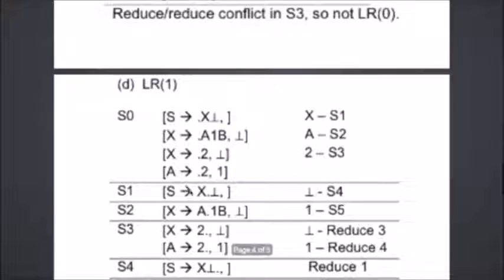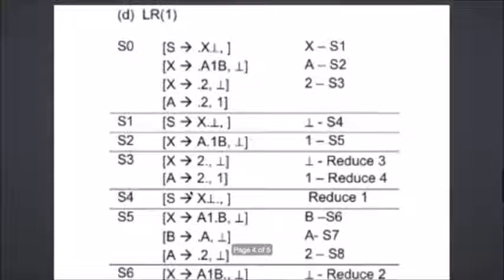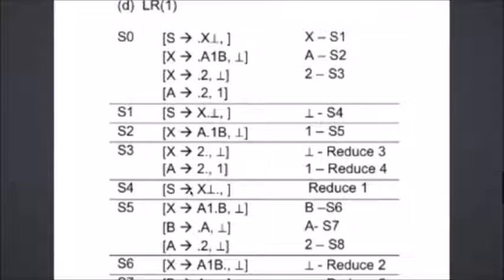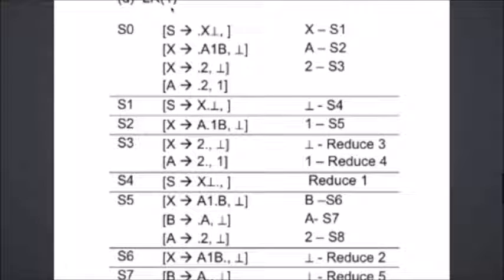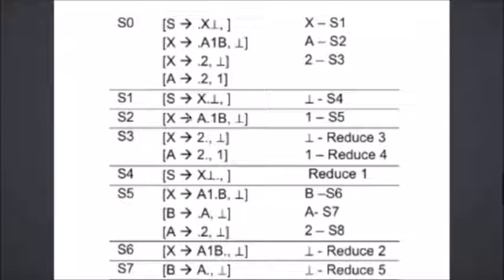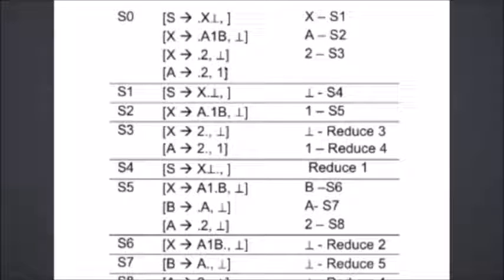Now we move on further and check the grammar for LR1. In LR1, the 1 actually signifies the number of look-ahead symbols which we have in our grammar. Now we keep on checking the look-ahead symbol for each and every one of the subparts of the grammar. For the first production S, the look-ahead symbol is pointing towards null.